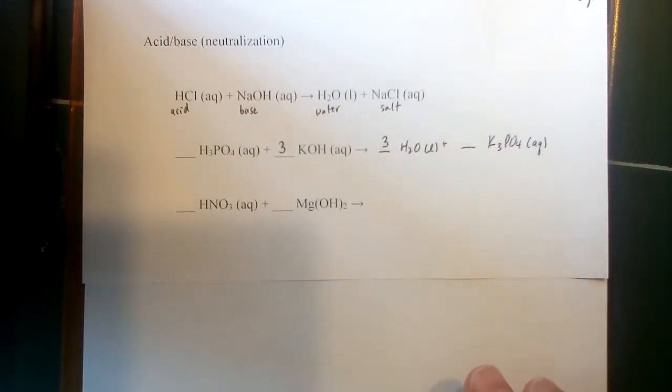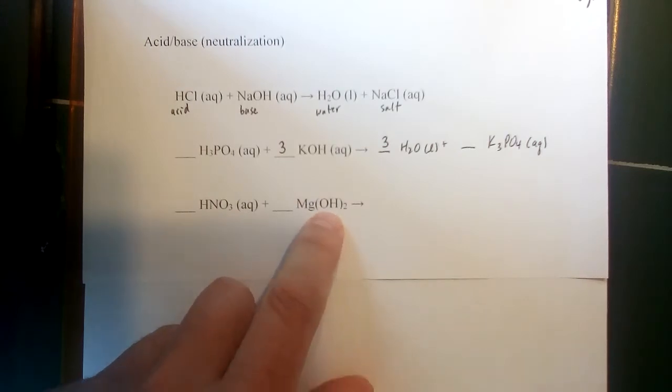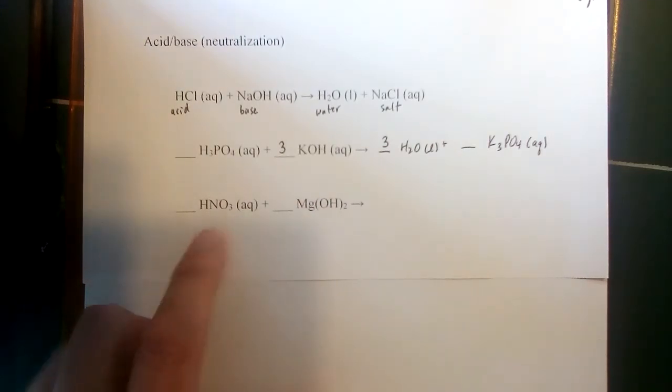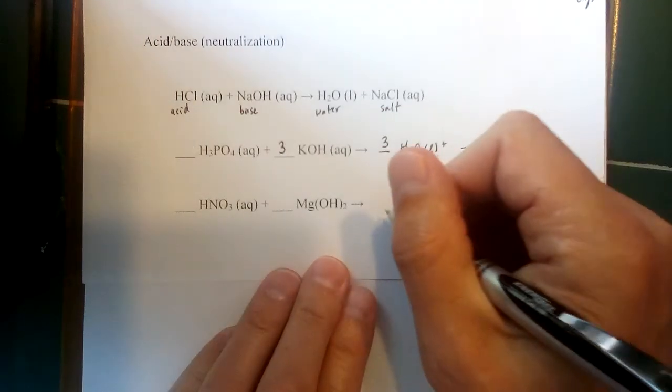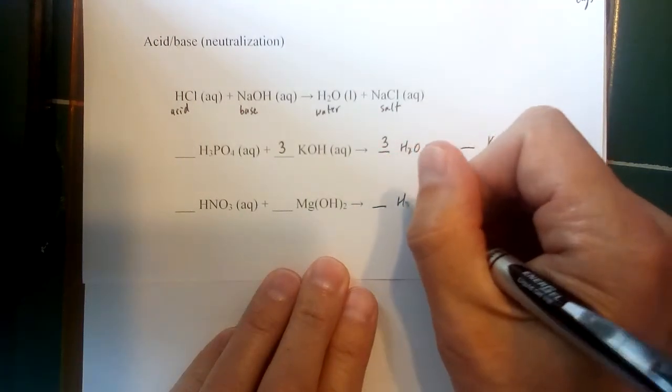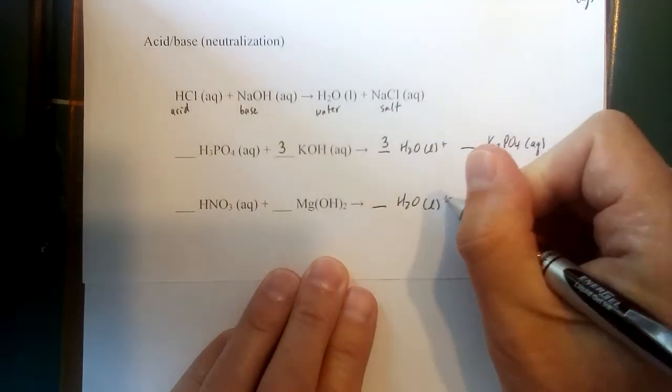The other example here, HNO3 is nitric acid. Mg(OH)2, magnesium hydroxide there, that's our base. So again, you see acid base, you should think, oh yeah, water and a salt. So H2O, liquid. Right? And then we've got to figure out the salt from the pieces.